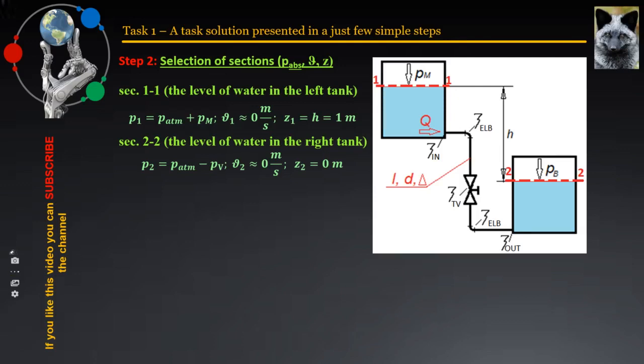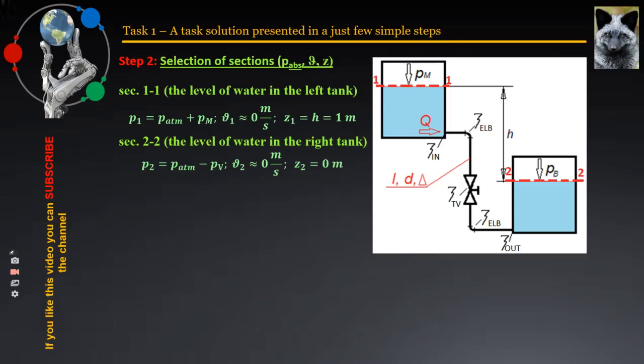To determine the values of Z for the two sections, I remind you the rule that we derived in one of the previous video lessons. For the section that is closer to the Earth's surface, Z is equal to 0. We accept this. And for the section that is further away from it, Z is equal to h.